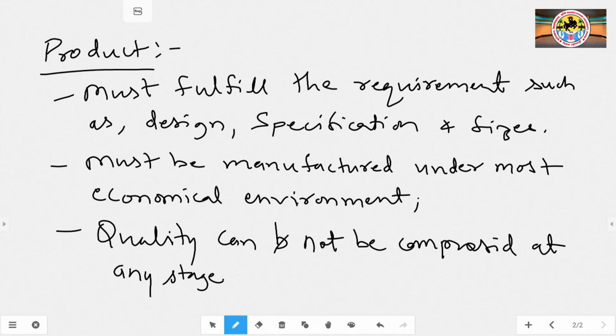Quality cannot be compromised means we do not compromise with the standards, the specifications, the material, the finishing, etc.